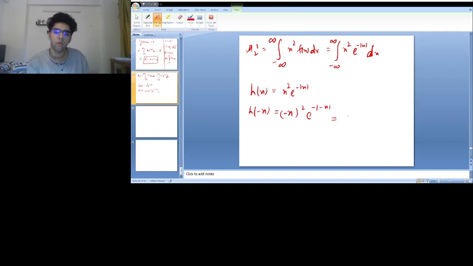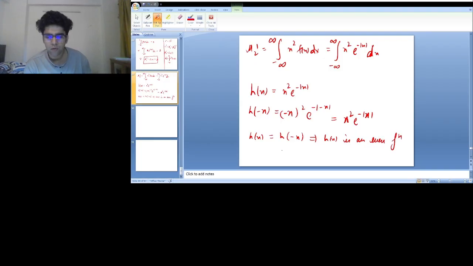A negative sign in the mod doesn't change anything, and the square of a negative sign is positive, so x square e to the power minus mod of x, right? So h(x) is equal to h(minus x), which implies that h(x) is an even function, and for any even function h(x), the integral from minus a to a of h(x) dx is equal to 2 times the integral from 0 to a of h(x) dx. This is a property I told you before also.